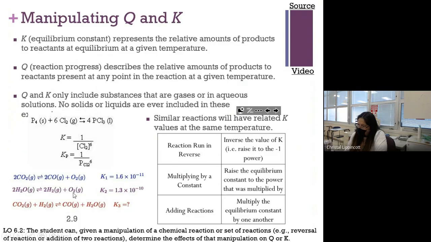The oxygen's canceled out, and then these things are left, but they're left to half of the amount that they were, right? So when we flip that around, we're going to flip this guy upside down then, inverse. So inverse that guy. And then adding the reactions, we're going to multiply them together. So inverse and then multiply.